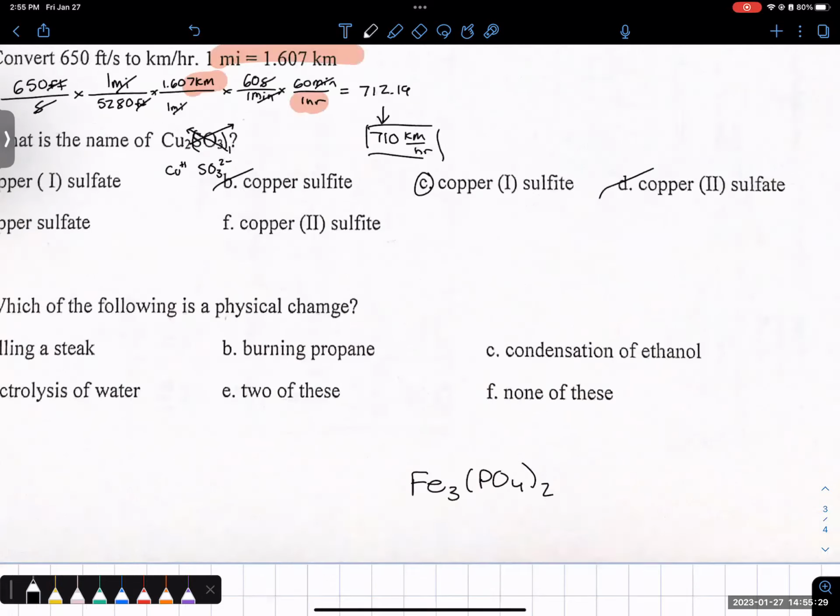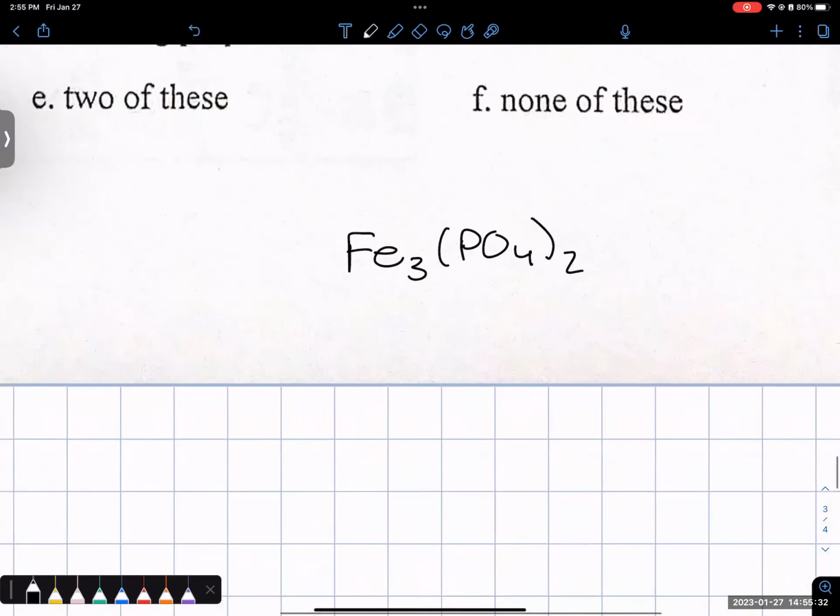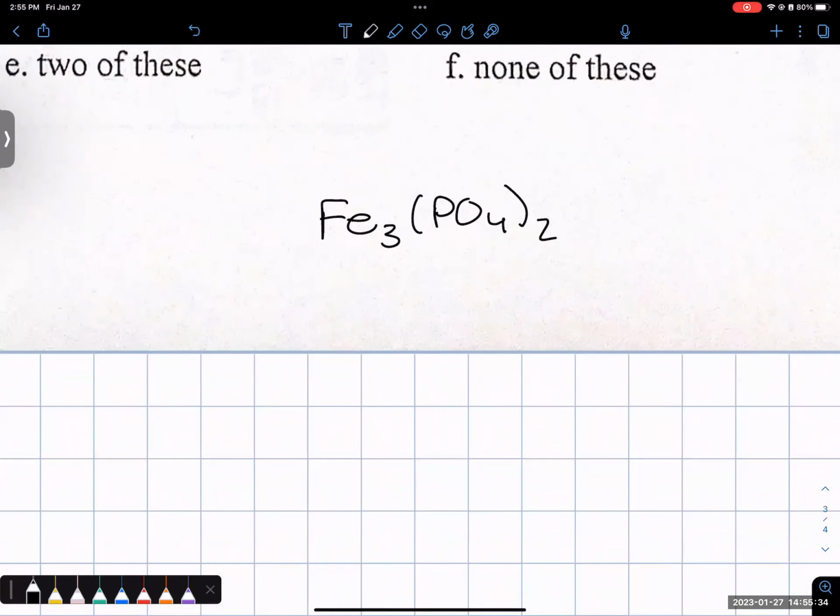Okay. So this one here, what is the name of this? The way I know to reverse crisscross it is because I need to figure out the charge on iron, because iron can have multiple charges. So let's take the 3 up here, and then we'll bring the 2 up here.